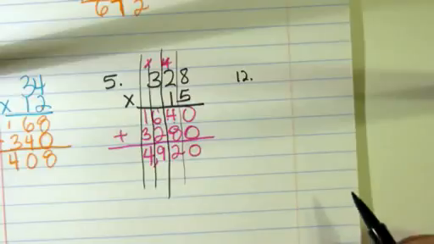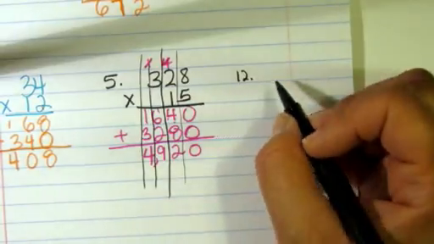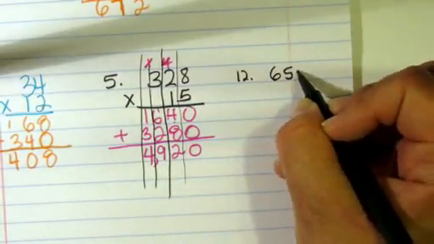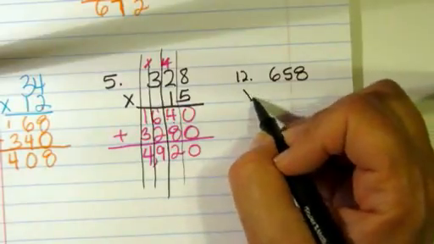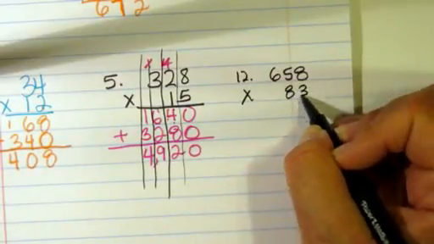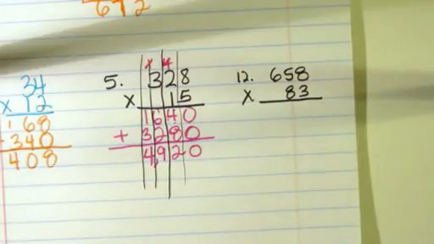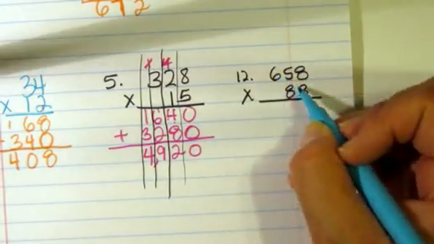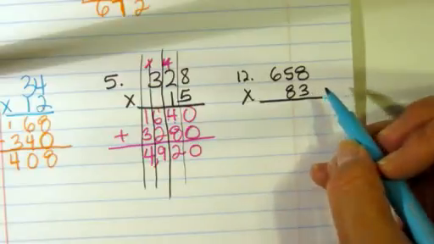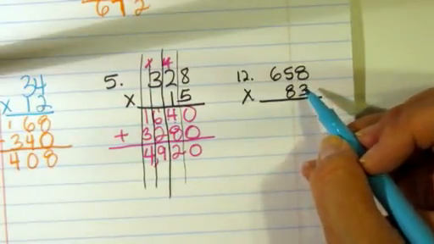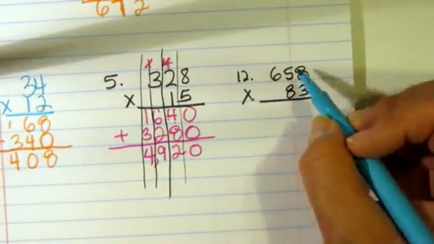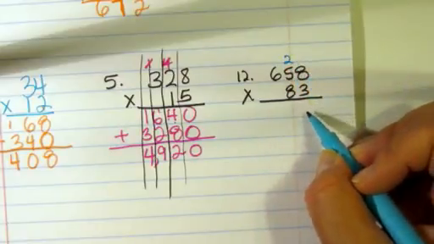So for number 12, they want 658 times 83. Okay, so the 3 goes first, and the 3 gets a turn with every digit at the top. So we have 8 times 3 is 24, so we write 24.